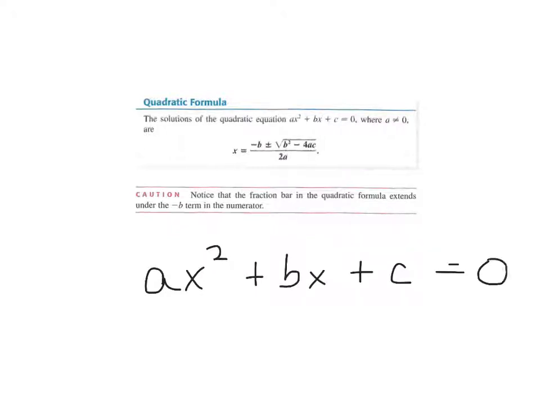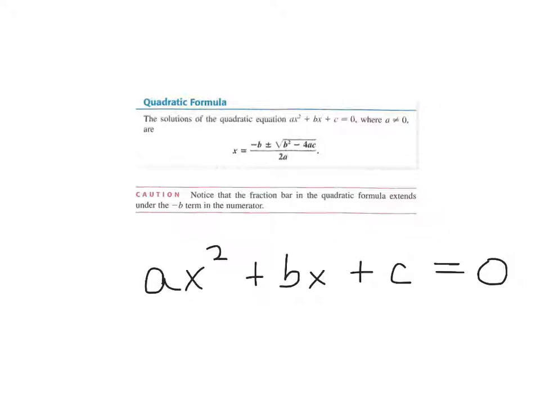Okay, so what's important here is before we can even begin to use the quadratic formula, we need to put it in standard form first. So it must be in standard form. Again, remember standard form is the ax squared plus bx plus c, and it needs to equal 0, just like we did when we factored it.